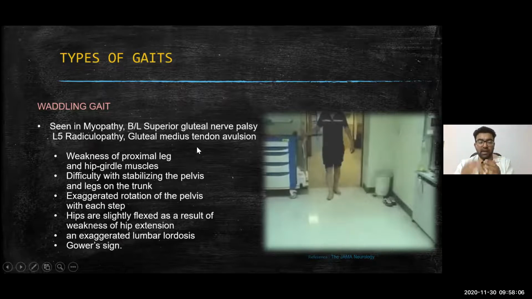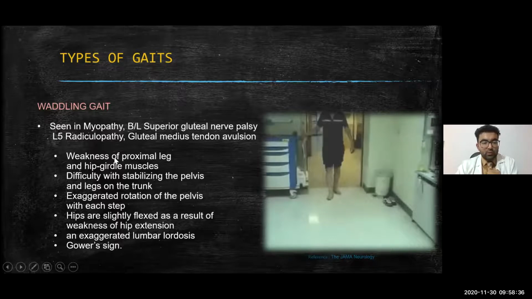So whenever we have a difficulty with the superior gluteal nerve or the gluteus medius, that will give rise to the waddling gait. It is generally seen in myopathies, bilateral superior gluteal nerve palsy, L5 radiculopathy, or gluteus medius tendon avulsion, which is commonly seen after hip replacement surgery.